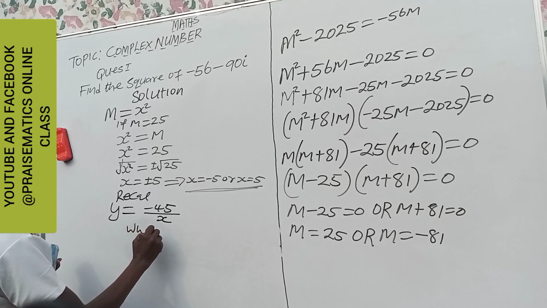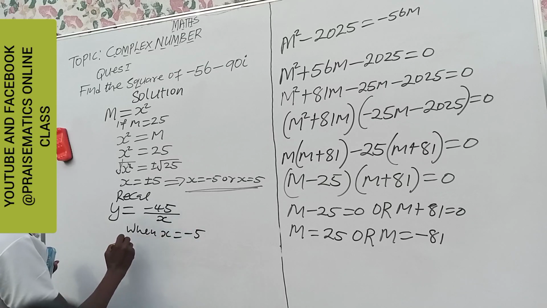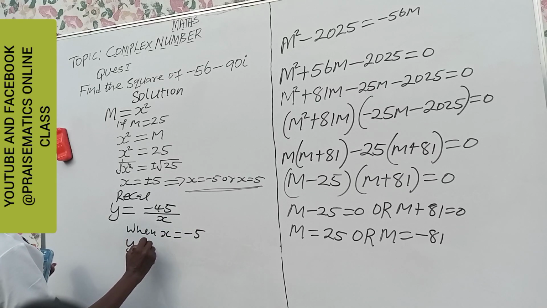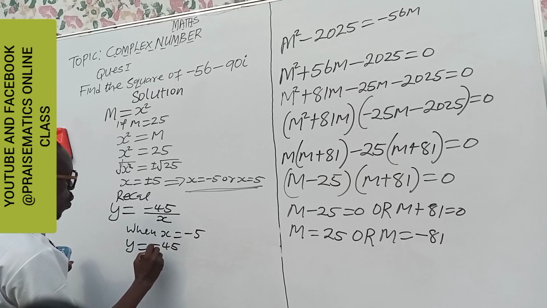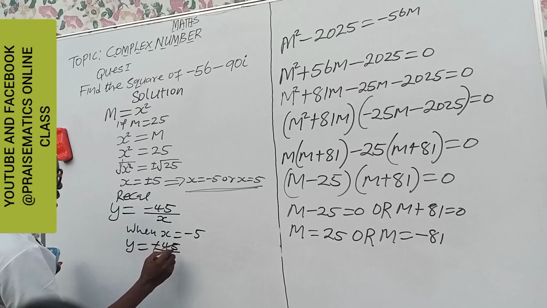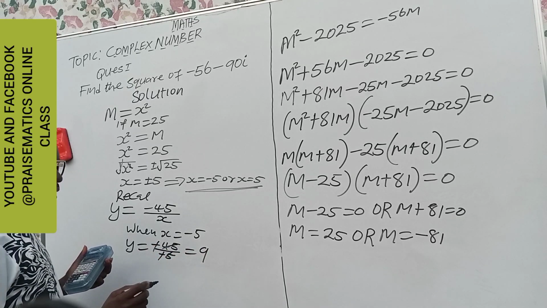When x equals to minus 5, y is equal to minus 45 over minus 5. The minus cancels this minus. Y is equal to 9. Did you get it right?